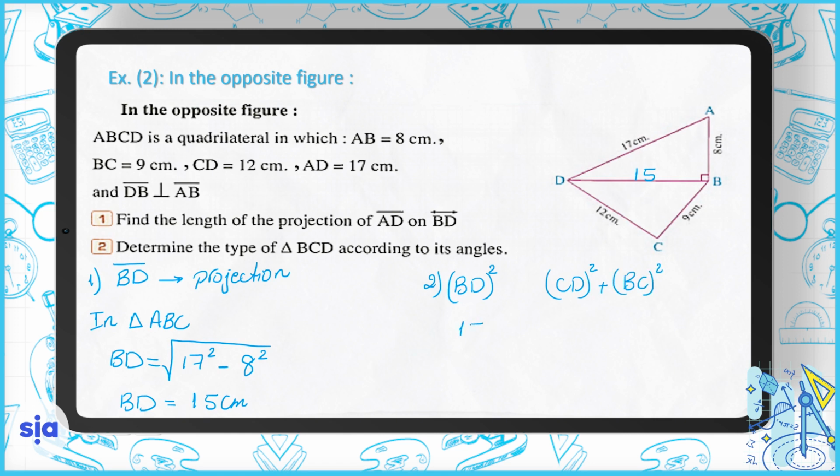So 15 squared, and here we have 12 squared plus 9 squared. 15 squared is 225, where here 144 plus 81 is 225 as well. As long as they're equal, triangle BCD is a right triangle at angle C.